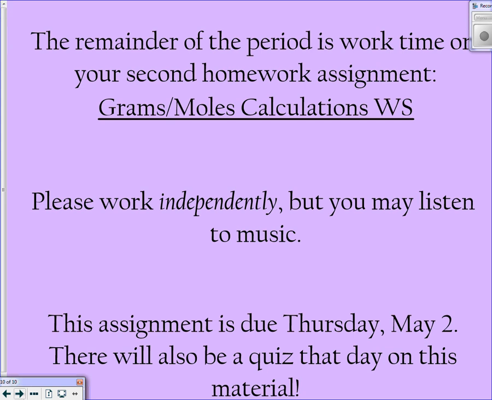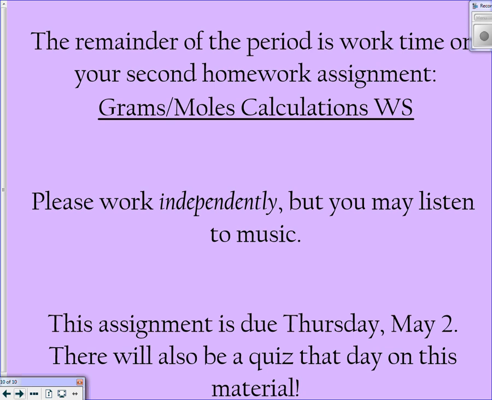It's the second page in that homework packet that we made. If for whatever reason you did lose it, I have extra copies up on my front table, but it's called the grams/moles calculation worksheet. Please work independently. So no talking, not even quietly, but you may listen to music if that's going to help you focus.